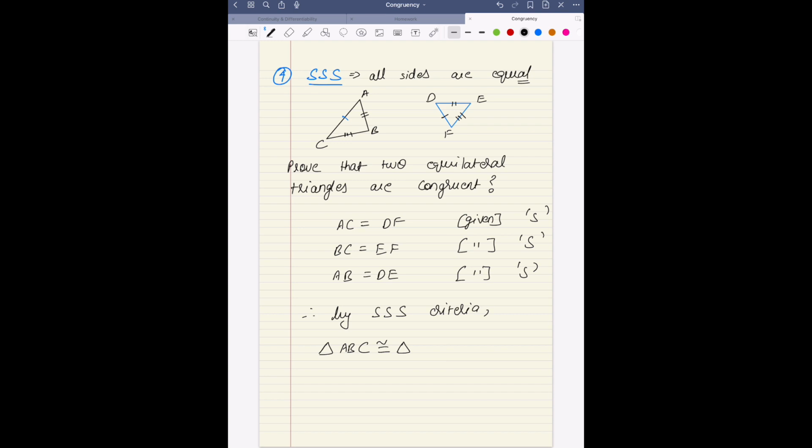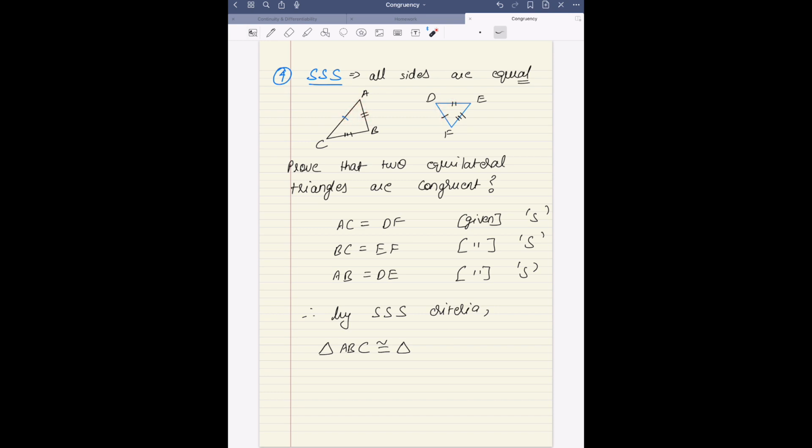Now have a look at angle A. Angles are not given, right? The sides are given. So AC is equal to DF. In short, A and D will be equal. You can look at it like this as well: this side and this side are equal, and AB and DE are equal. So they are pointing to which angle? You can imagine it like an arrow.